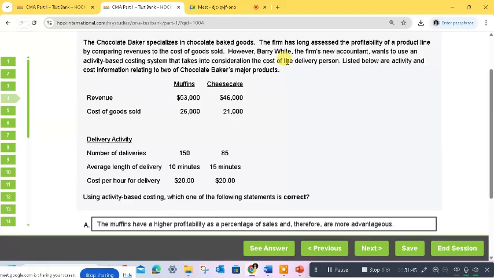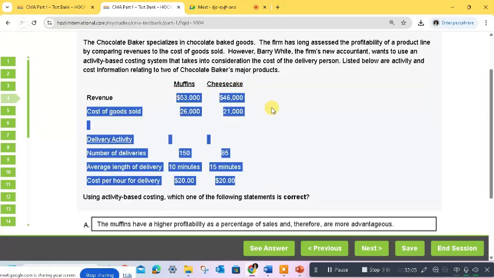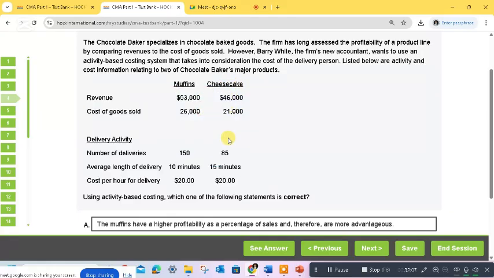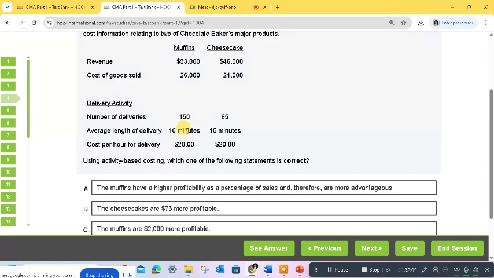However, Barry White, the firm's new accountant, wants to use an activity-based costing system that takes into consideration the cost of delivery person. Listed below are activity and cost information relating to 2 of chocolate baker's major products, muffins and cheesecakes. Revenue, cost of goods sold, delivery activity.